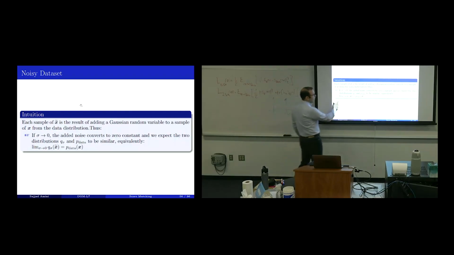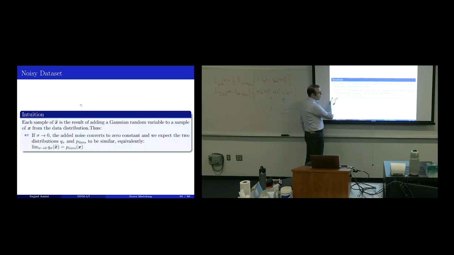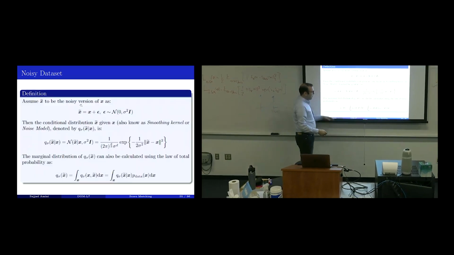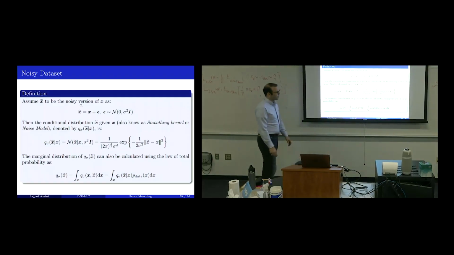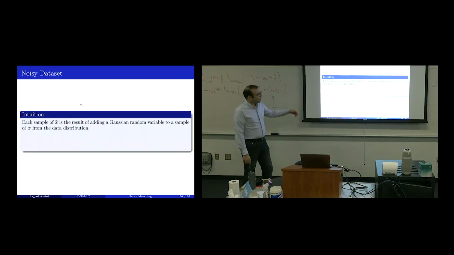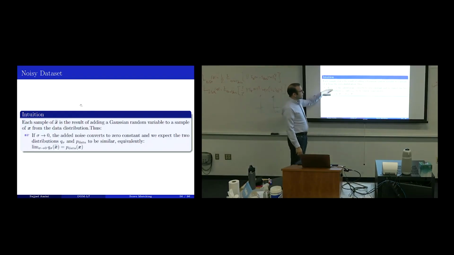It is trivial. If sigma approaches 0, you can update this integral, and you will see that this will be a delta function, and then the P data will be taken out of the integration. Okay, so we know that if sigma approaches 0, we have equal distributions.